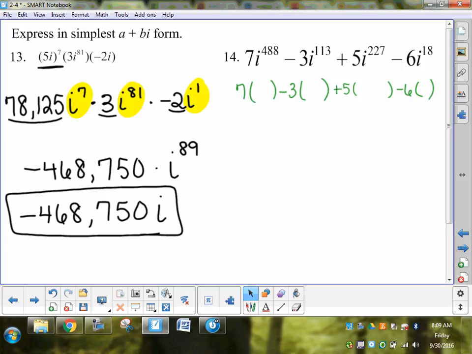Who can tell me, please, what i to the 488th power is going to be? Did you get it? What's that?